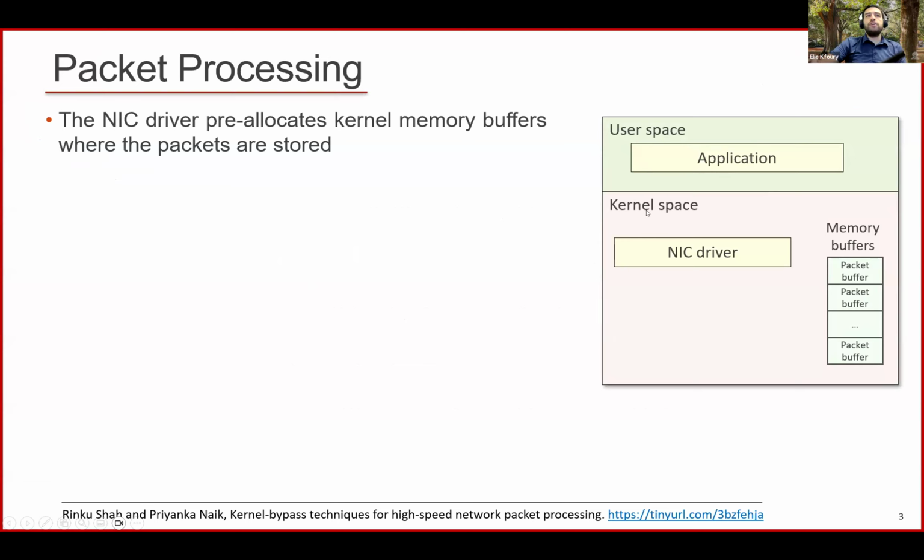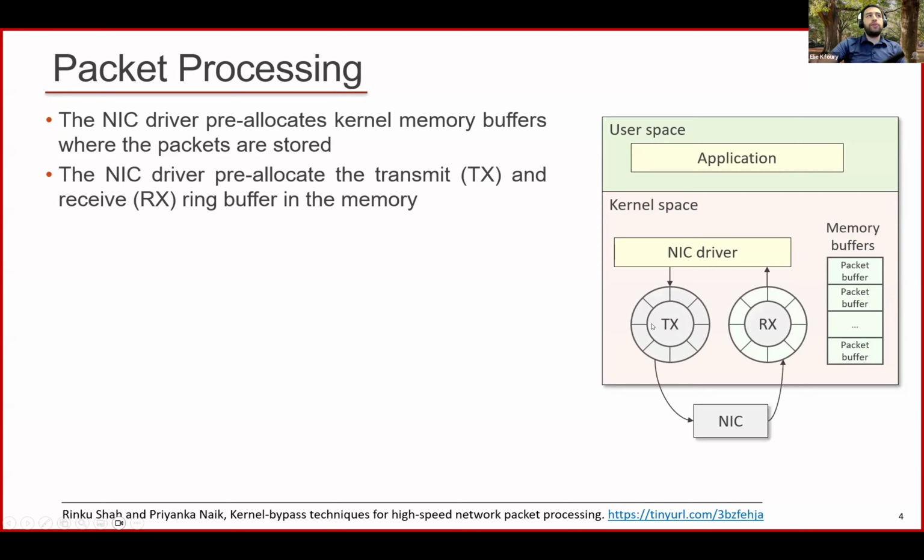And in the kernel space, we have a bunch of drivers that help us with controlling the hardware. So the network interface card driver, initially, will pre-allocate the kernel memory buffers in the kernel space. This is where the packets would be stored. It also pre-allocates the transmit and receive ring buffers in memory.